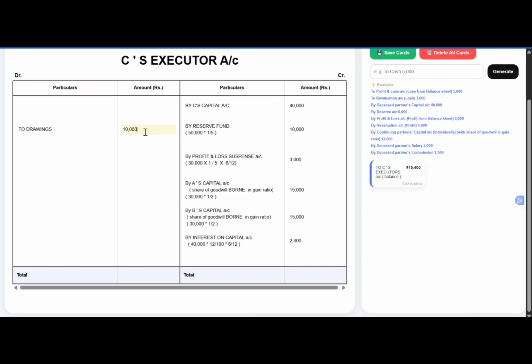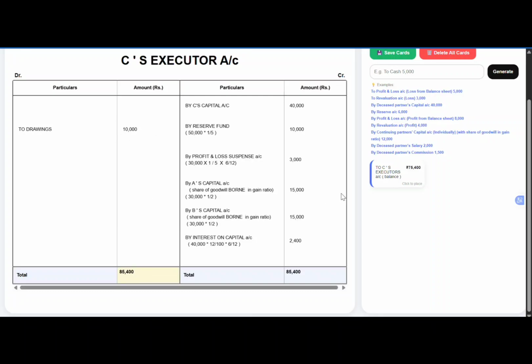So now we have to find the balance. So we have to take the total of the credit side. The total of the credit side is higher, which will be 85,400. So write the same total on both the sides, 85,400. So the balance will be 85,400, the credit total, minus the debit total 10,000.